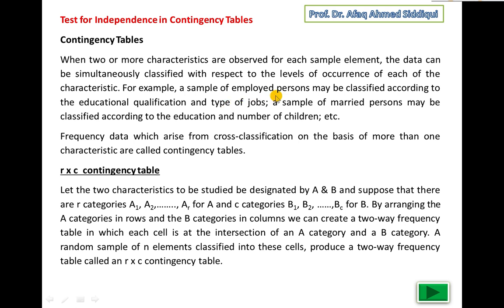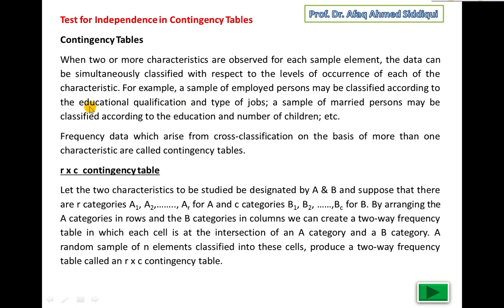For example, you can divide educational qualification into two categories, graduate and non-graduate. Type of job you can divide according to designations. But there are two variables of these employed persons. We test whether this variable and this variable are independent or not.